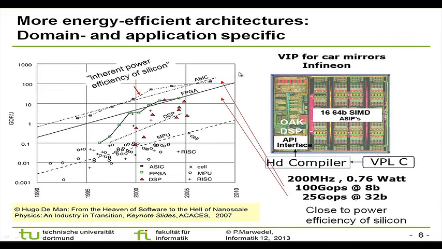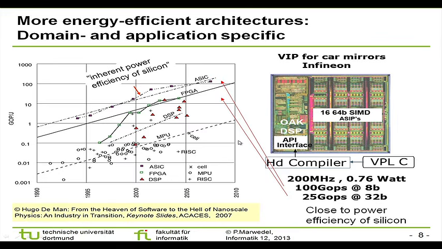Here you see our happy point is somewhere here, the happy island. We want to reach somewhere near the efficiency of ASICs as regards the number of operations per joule, the power density. We can try to do that by different means, by changing the compiler, or by some other code tricks.